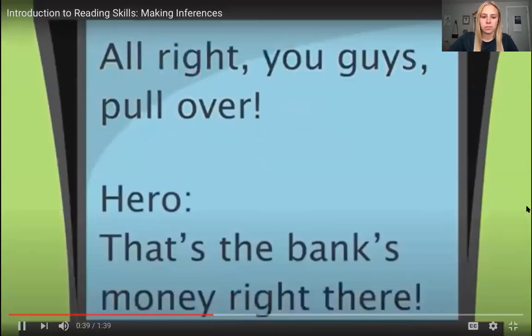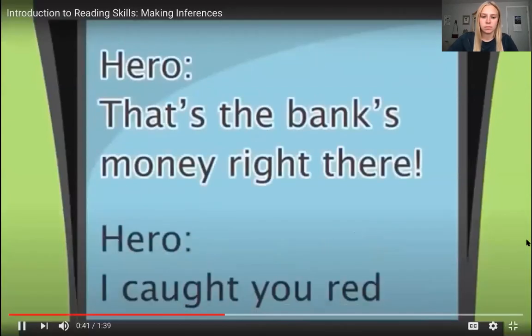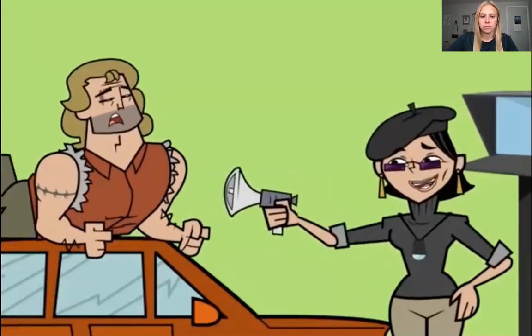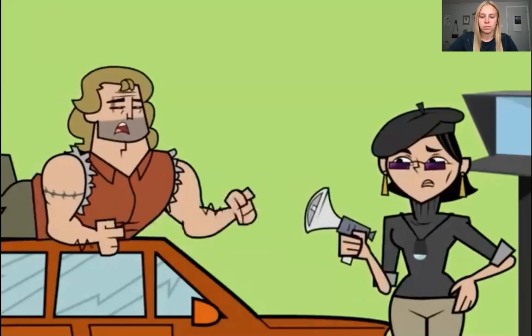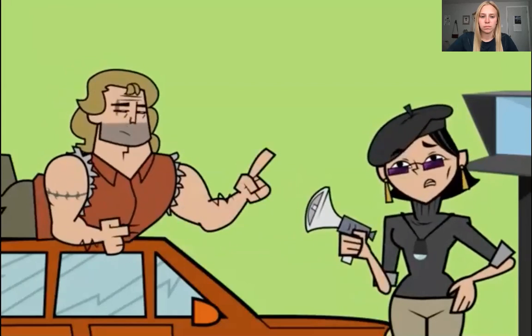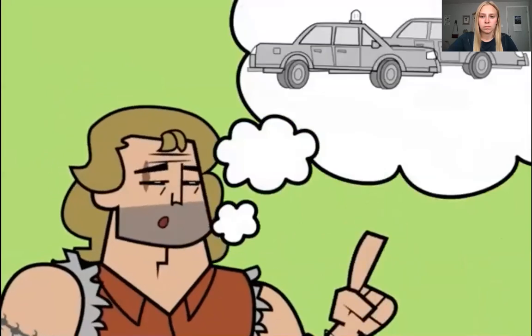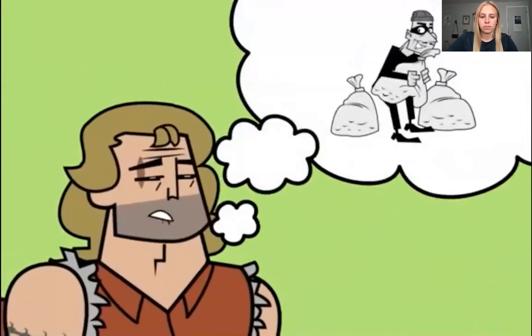And then you say, "That's the bank's money right there." Then I caught you red-handed. Then nothing. See, there is no line about spending time behind bars. I guess I made an inference. I mean, look. The alarm is going off at the bank. They're running from the police. And they have bags of cash from the bank in the car.